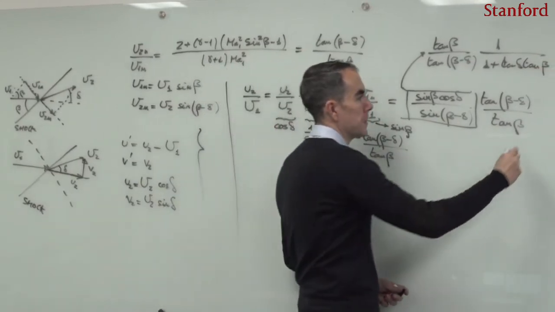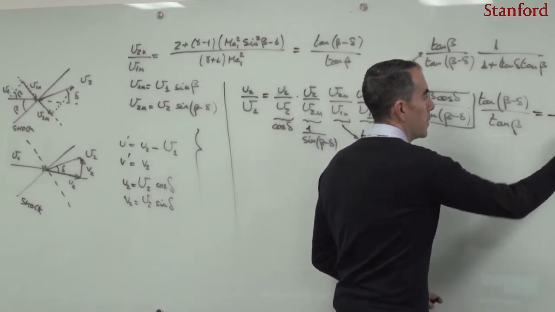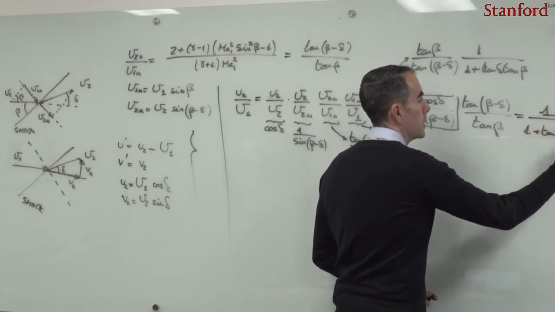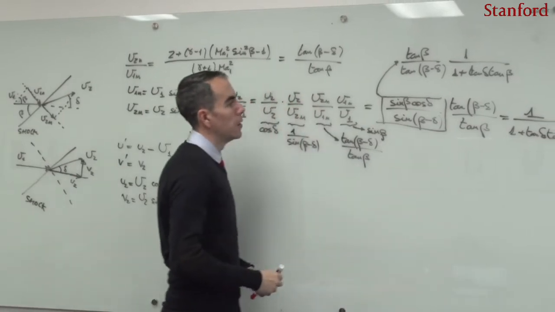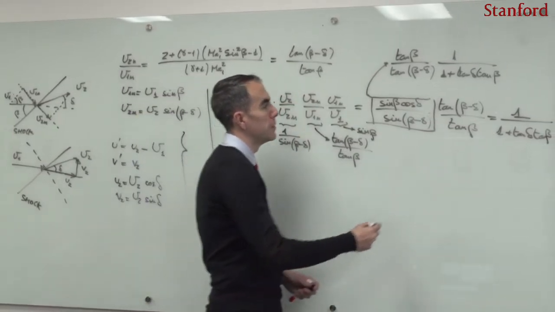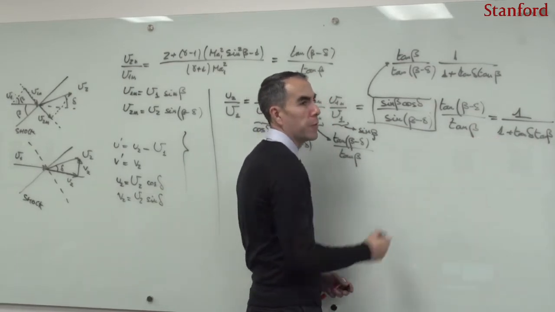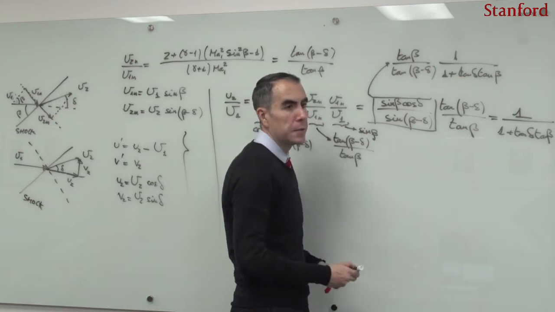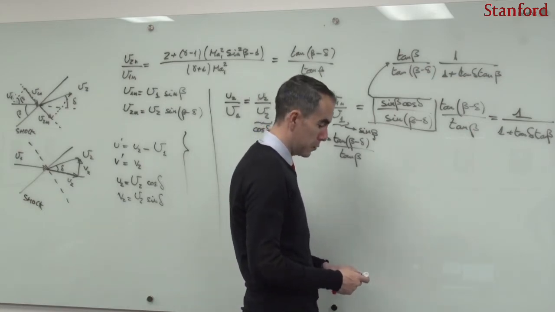In such a way that this ratio here is just equal to 1 divided by 1 plus the tangent of delta multiplied by the tangent of beta. Well, remember that one has an expression for the tangent of delta as a function of beta and Mach, derived two lectures ago.